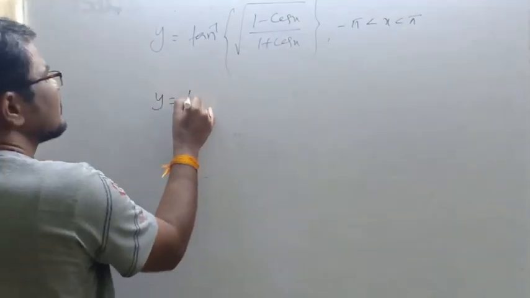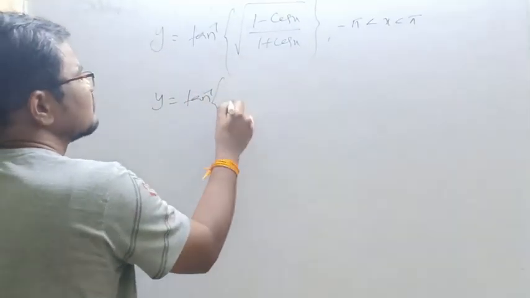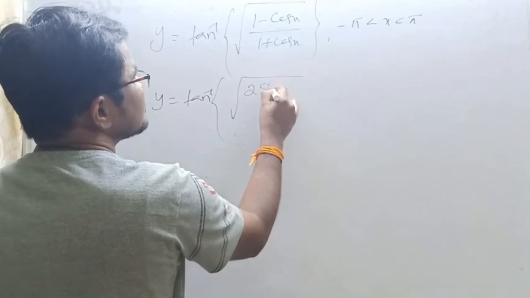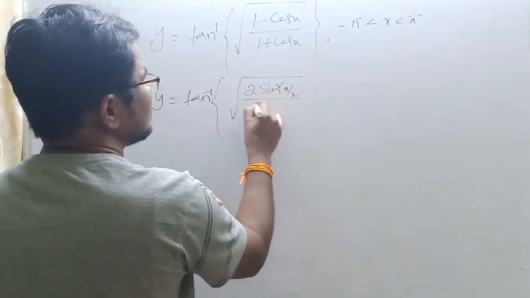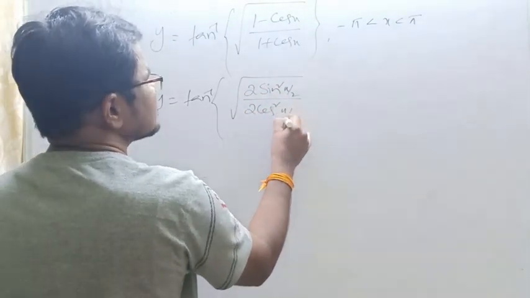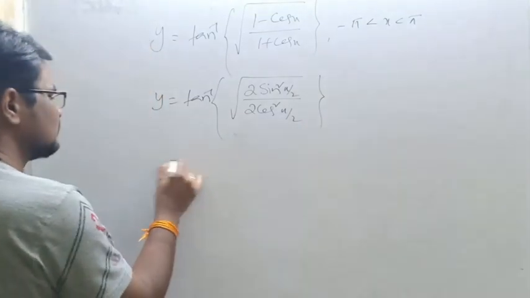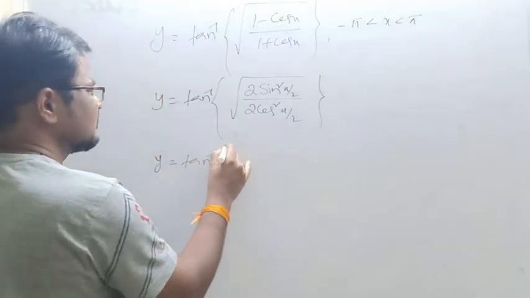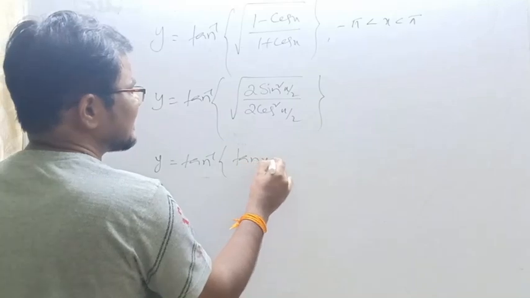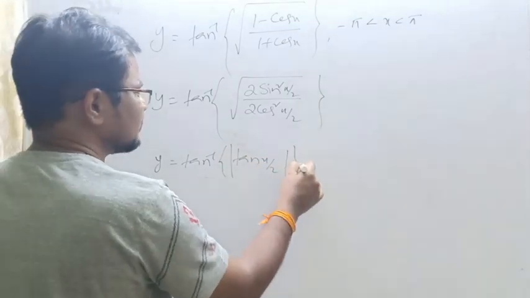Here also y equal to tan inverse of root of 2 sin square x by 2 by 2 cos square x by 2, that is y equal to tan inverse of modulus of tan x by 2, the condition given is modulus.